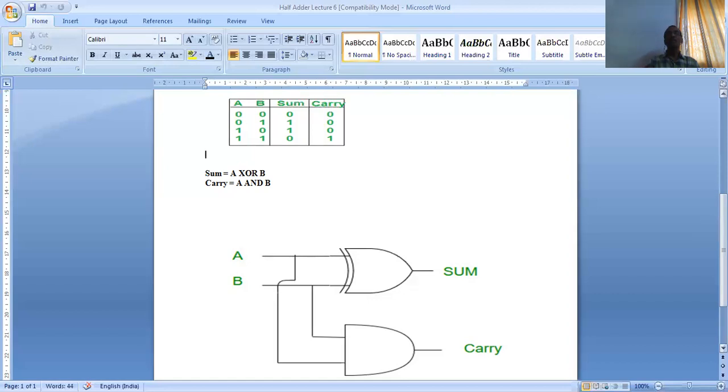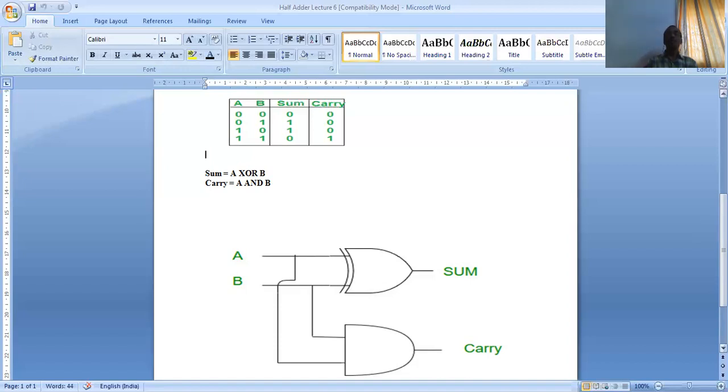This is the truth table of AND gate. This is the revision for you. Unless and until you know the working of AND gate and XOR gate, you can't understand the half adder.